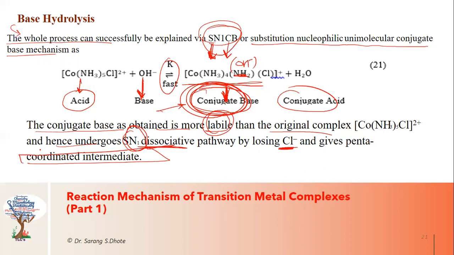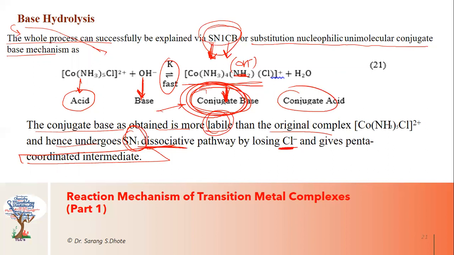Remember, penta-coordinated intermediate most of the time SN1 type cases, dissociative mechanism में है आपको. So this is the base hydrolysis. So remember, base hydrolysis reaction follows the SN1CB type of reaction, whereas the acid hydrolysis follows the simple SN1 type of reaction. So this is the acid hydrolysis and the base hydrolysis.